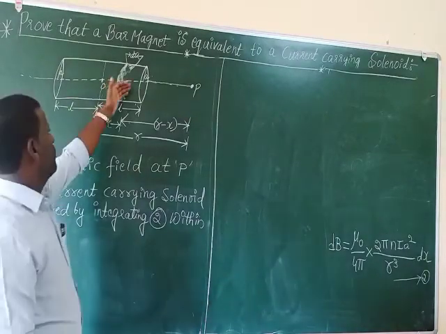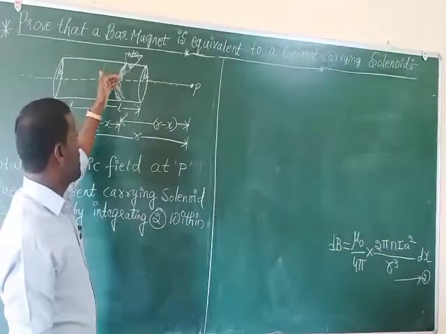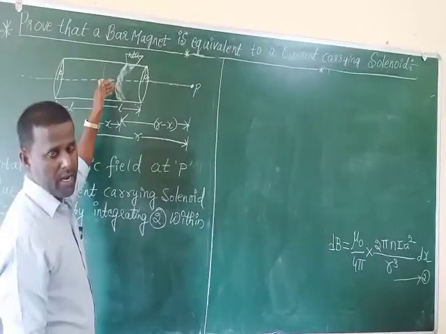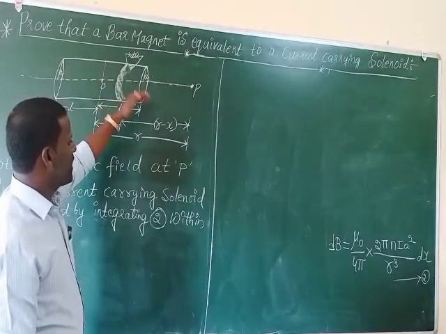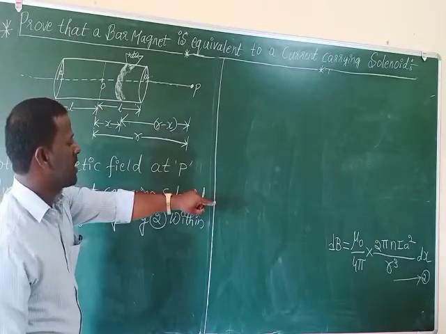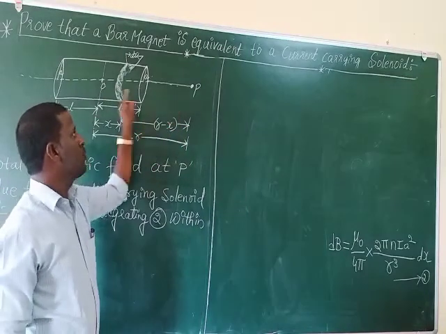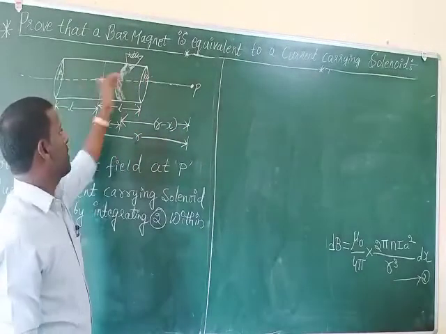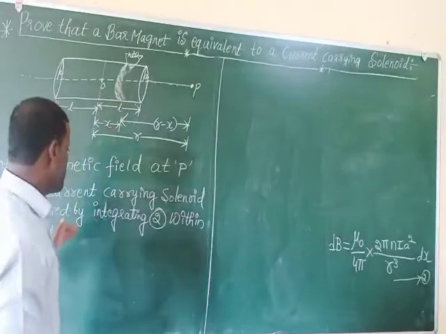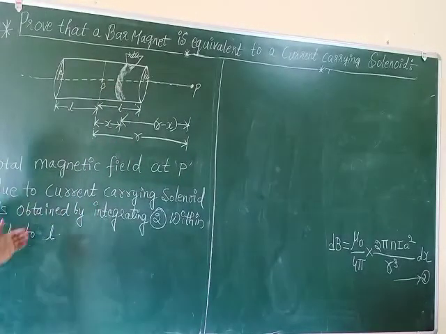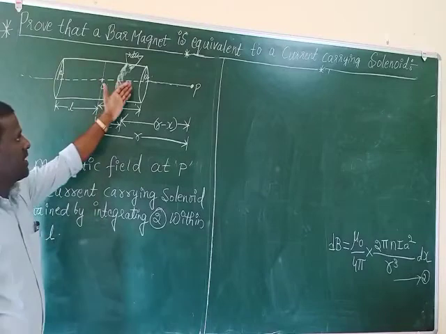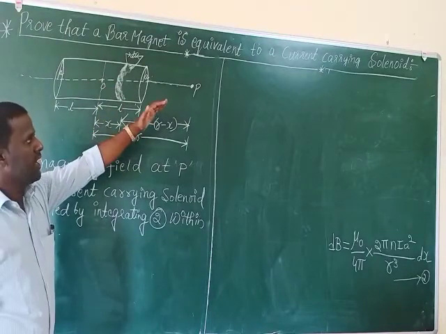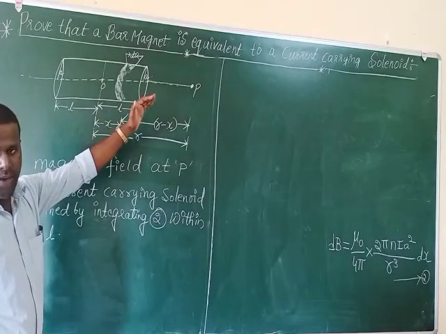See here, this solenoid is made up of many such current elements, right? So we go for integrating that equation, because that equation is the magnetic field at P due to one current element. If there are several current elements, then it is obtained by integrating. Why I am taking the ranges -l to +l: the point P is at a certain length, from minimum to maximum length.